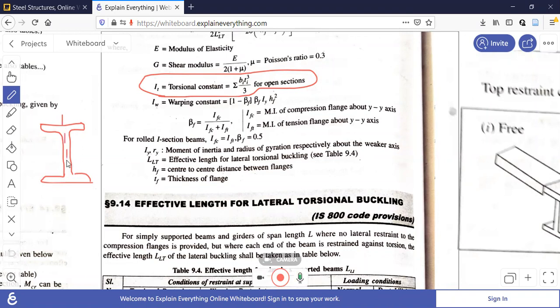Now you concentrate on how to calculate the torsional constant: sigma bi ti cube by 3. There are three rectangles in this I section. For each rectangle, there is a summation. You have to add b t cube by 3 of all the three rectangles. Try to understand it in this way.